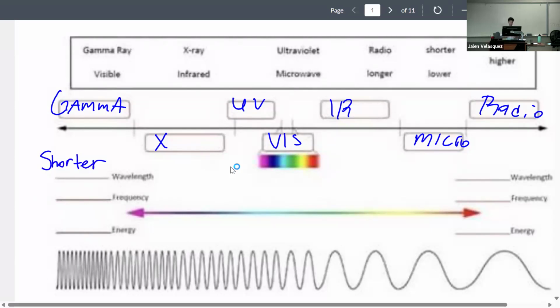Remember, the wavelength is the distance between two crests. So in other words, the distance between these two peaks here, right? That's not aligned, but you get the idea, right? That is wavelength. So if the wavelength gets shorter or smaller going to the left, what happens to the frequency? It gets higher, right?